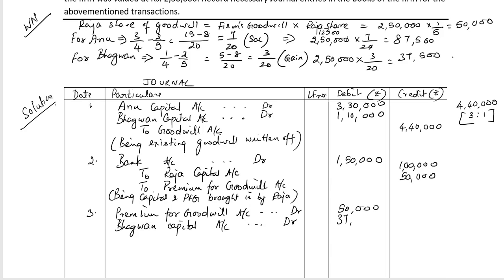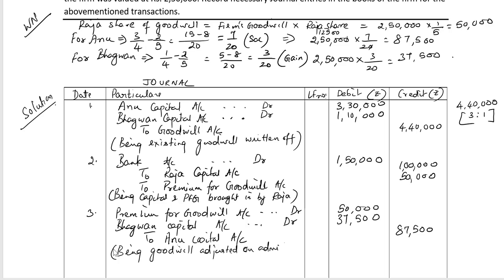And we should debit him with 37,500 to Anu's capital account. So Anu has sacrificed 7 divided by 20, and multiplying it with the goodwill of the firm, we get 87,500. Narration being goodwill adjusted on admission of Raja.